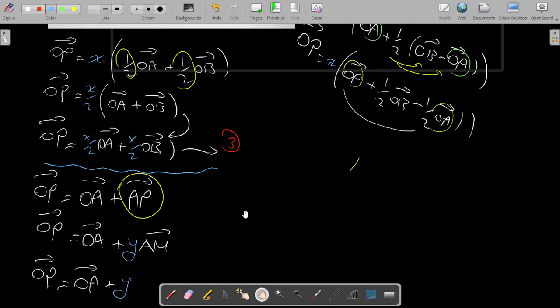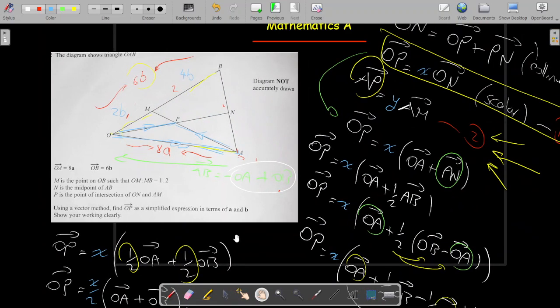Now look at the AM. I need you to look at this triangle now. I need you to build a relation and pay attention. Now I'm going to erase this. Where's my AM? AM is this vector, and AM is part of this vector here, the AO, and again I'm going to say minus OA plus the OM.